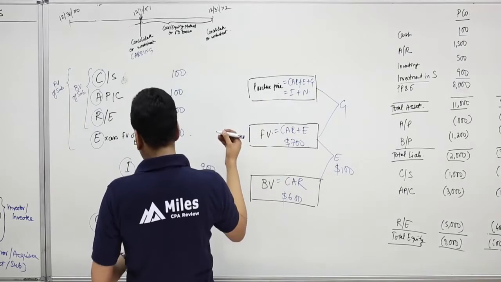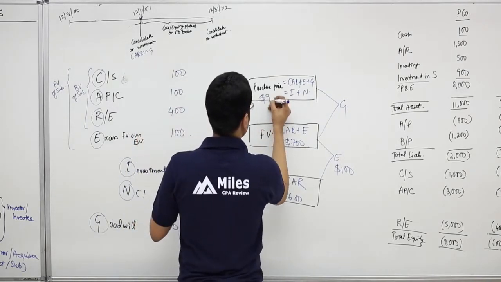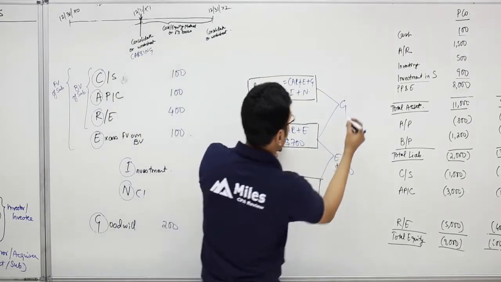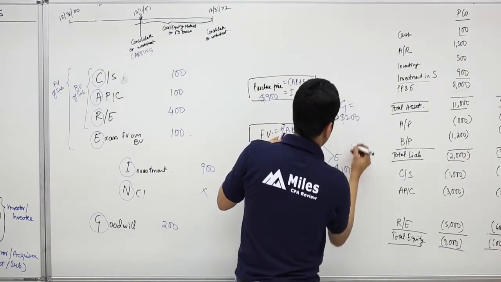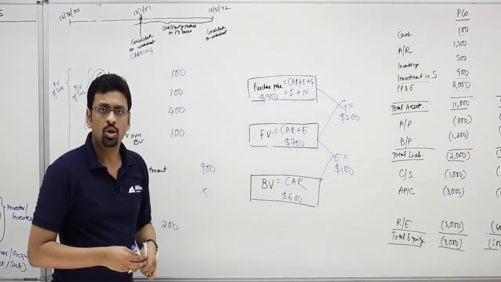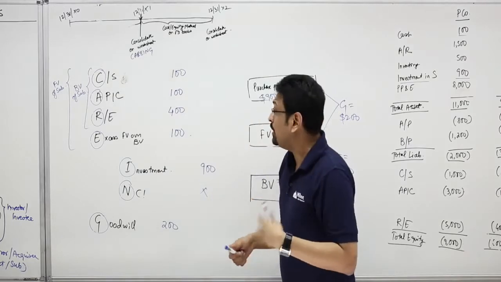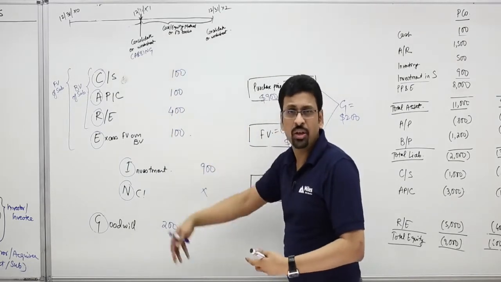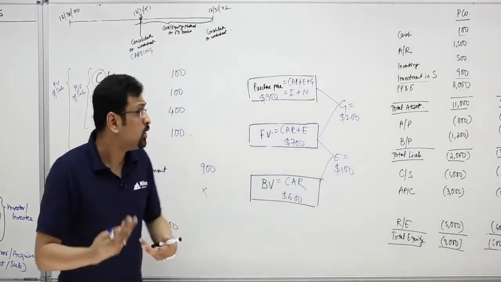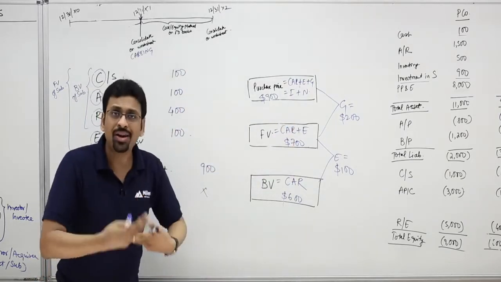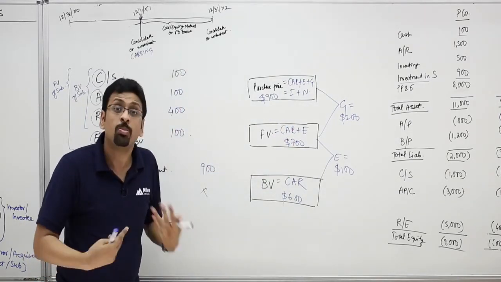What's the purchase price here? Purchase price is $900. So 900 minus 700, goodwill is $200. So the most important thing you need to know, CAR, that's a journal entry. Now after you've done the journal entry, you could prepare this chart to understand the flow, and it becomes so much clearer now.